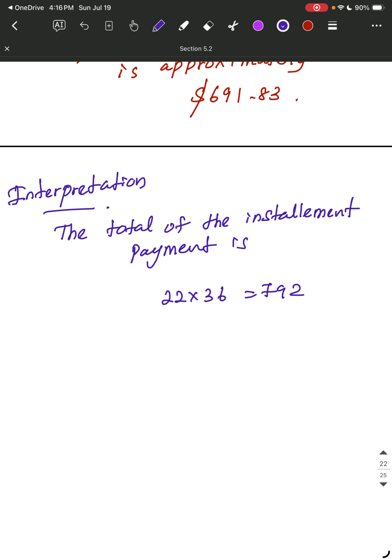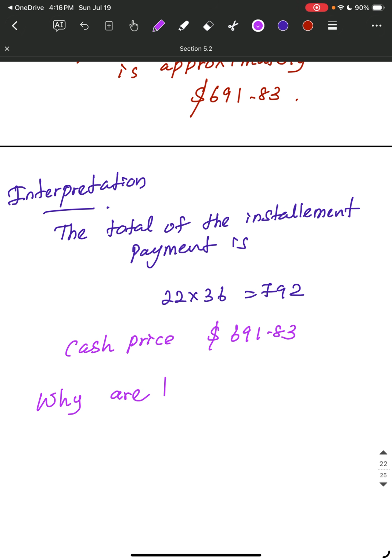So why are they different? Because money paid in the future is worth less than money paid today.